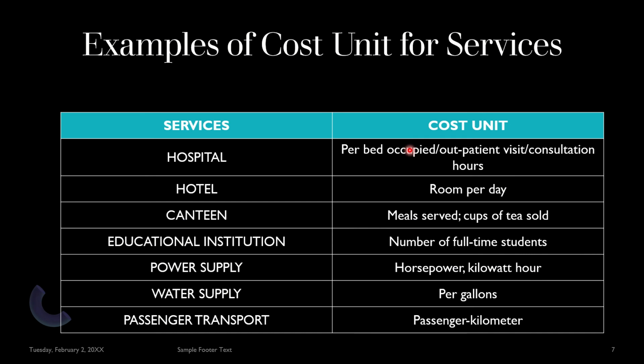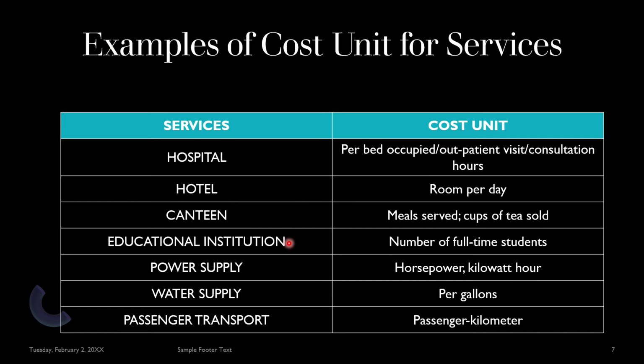And now let us look at some examples of cost units for services. The cost unit for hospital is per bed occupied, outpatient visit, or consultation hours. The cost unit for hotel is a room per day. The cost unit for canteen is meal served or cup of tea sold.